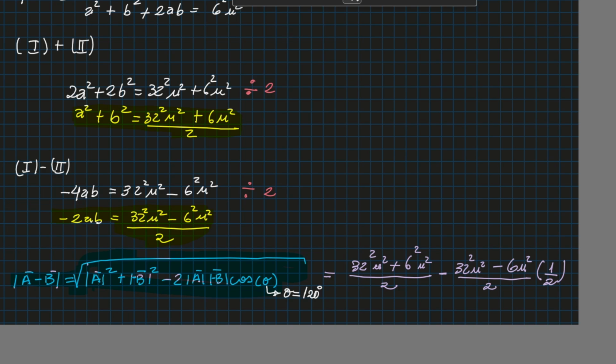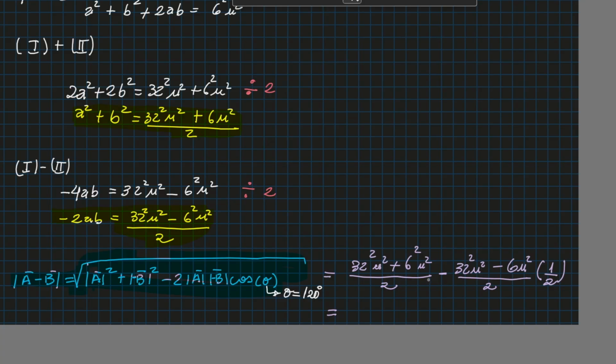And then now we can solve or calculate this expression.